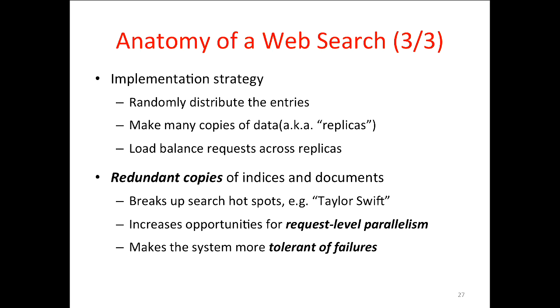And then also it wants to increase the opportunities for request level parallelism, because by having multiple copies, we can handle multiple requests of the same keyword, right? And also, we can make the system tolerant of failures, because we can recover from a failure using another copy.